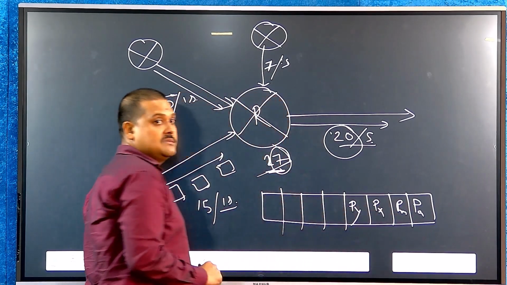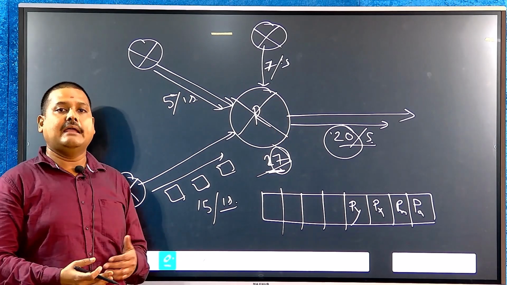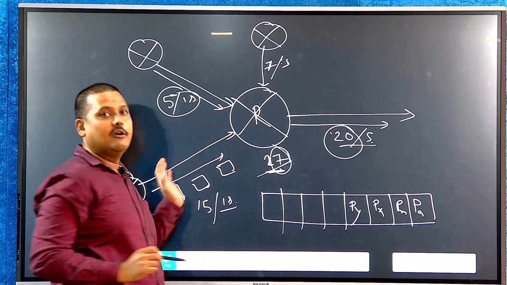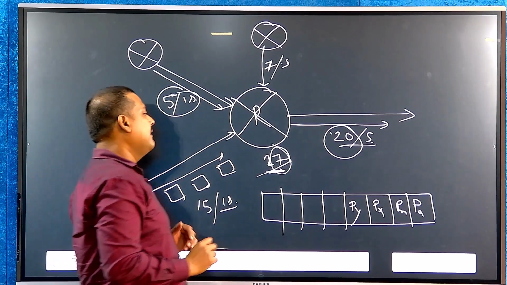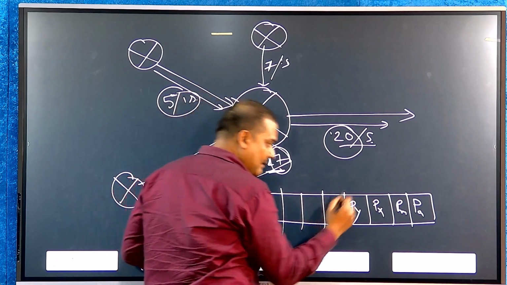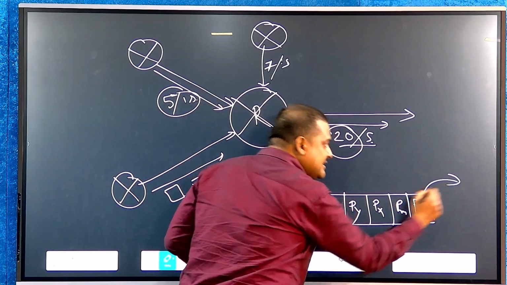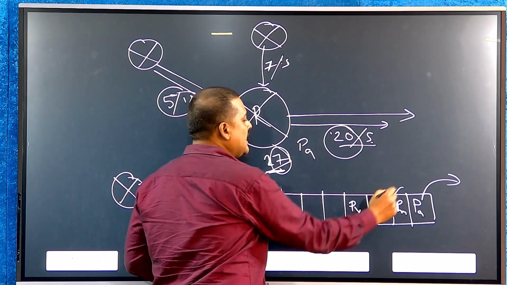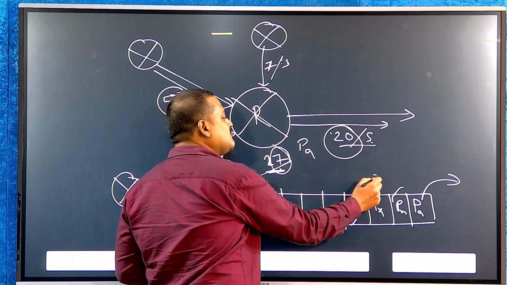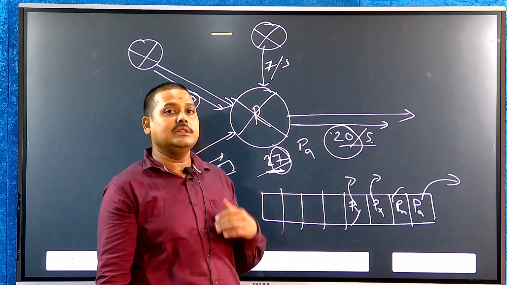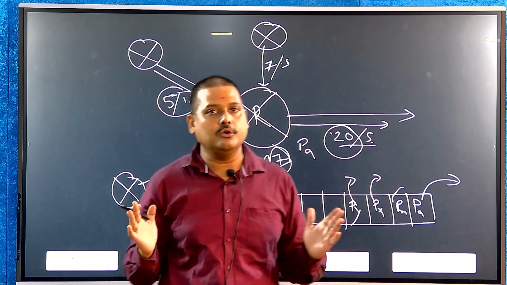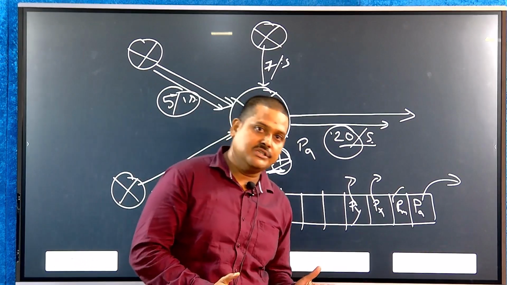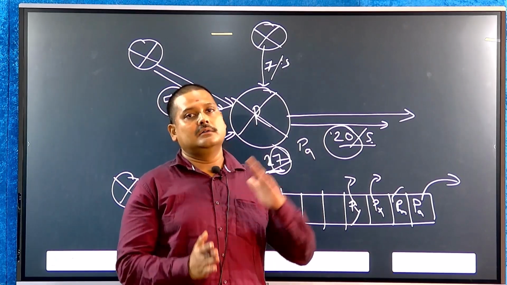When the load becomes less, depending on the situation, the packet which arrived first will be delivered first. So PA will be delivered first, then PM, then PX. This way all these packets are stored in a queue and delivered as per their arrival. The packet which arrived first will be delivered first.